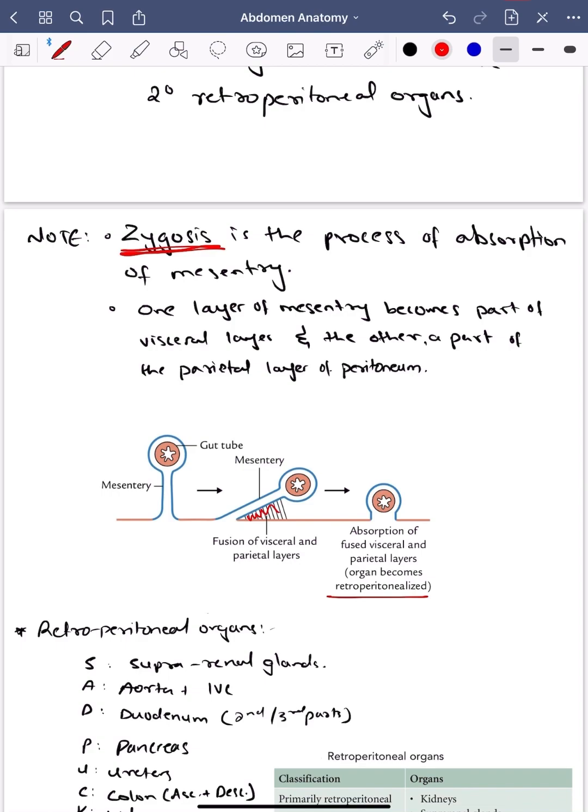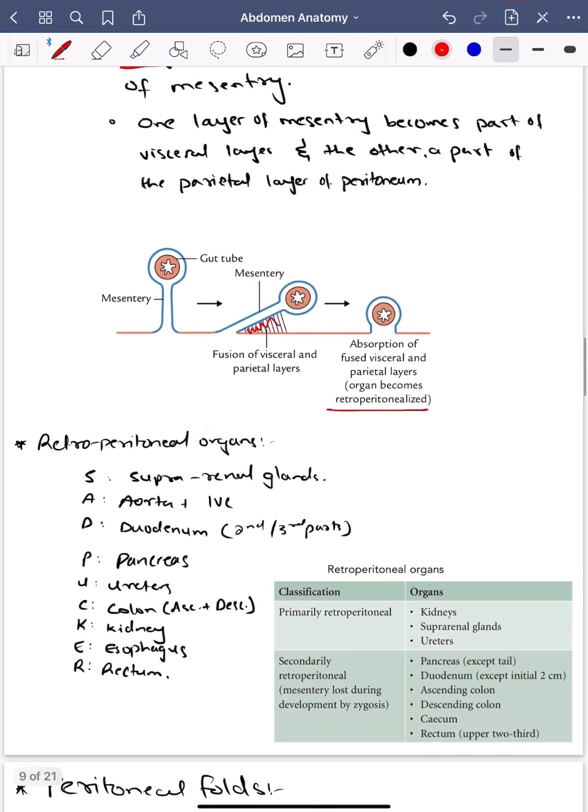Okay. Now next we'll talk about what organs are intraperitoneal and what organs are retroperitoneal. For that, just remember the retroperitoneal organs, and the other organs are all intraperitoneal. So for the retroperitoneal organs, we have a mnemonic, and that is SAD pucker.